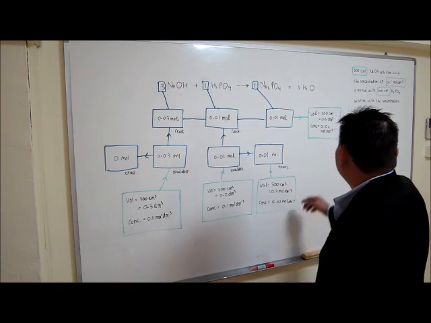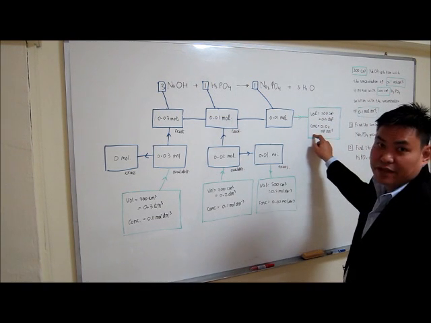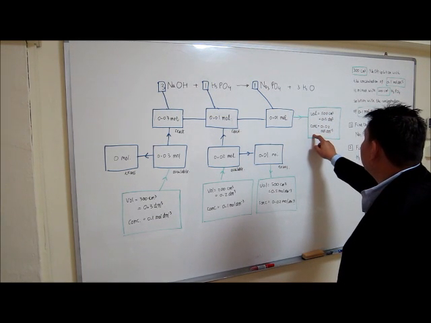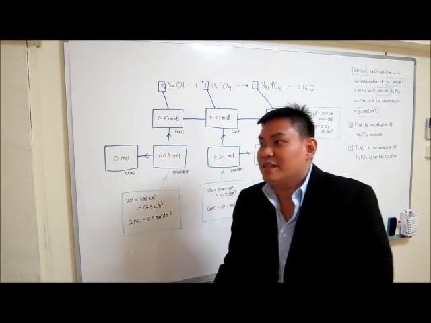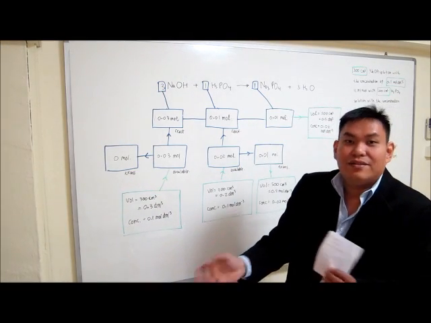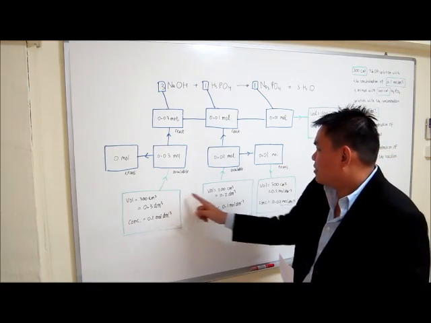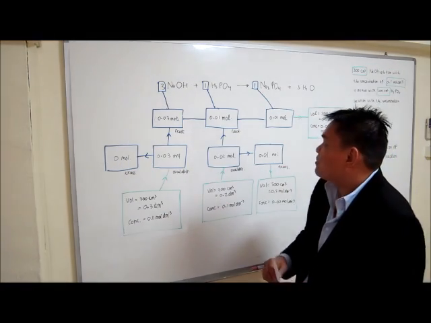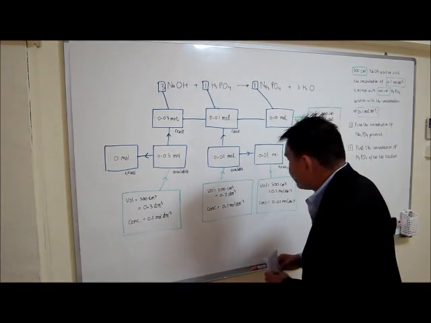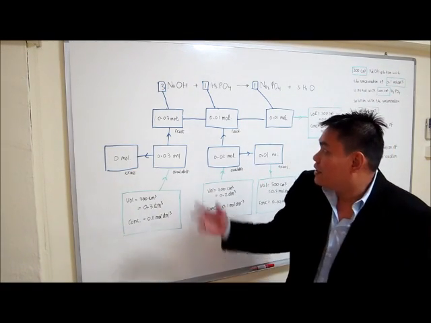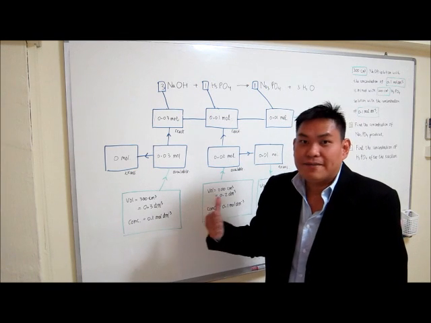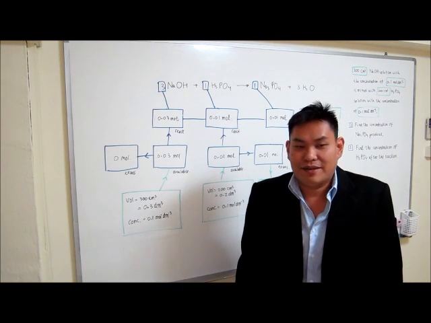And another thing, in the case of aqueous solution, the volume of solution after the reaction is, you add up the individual volume of each solution when you mix the solution. So today we are learning about this mole calculation about limiting reagent.